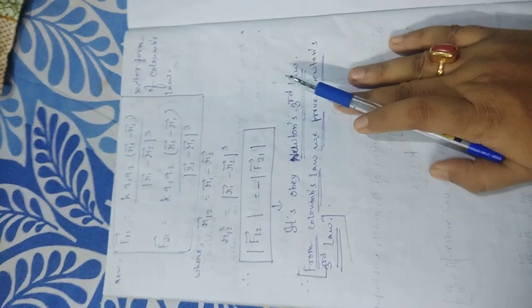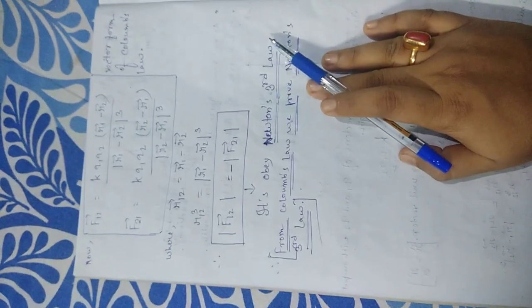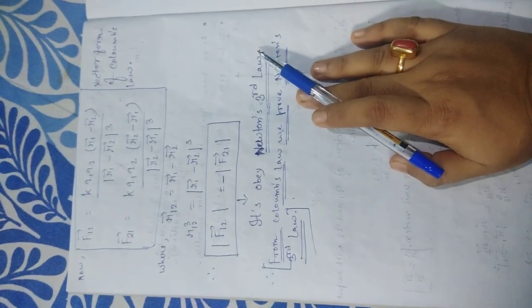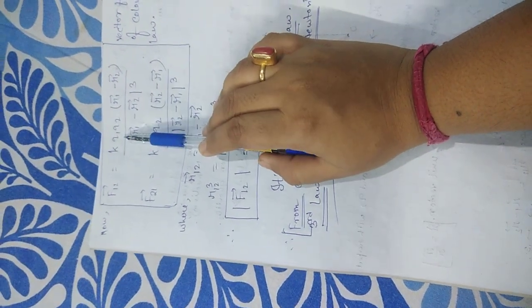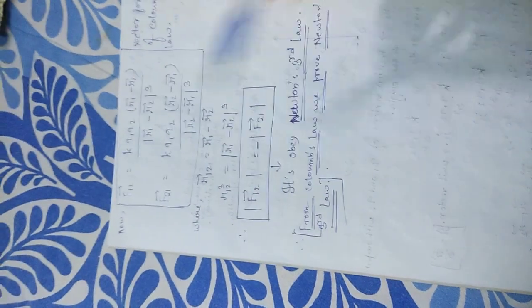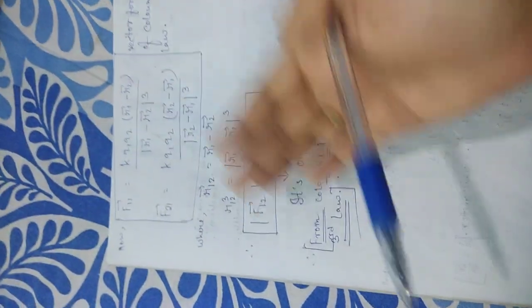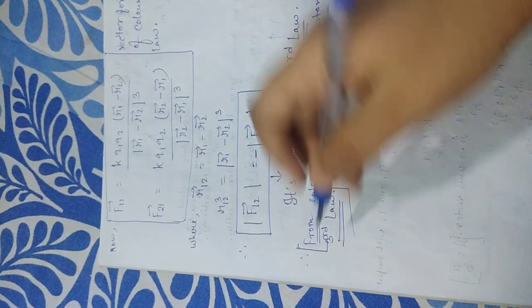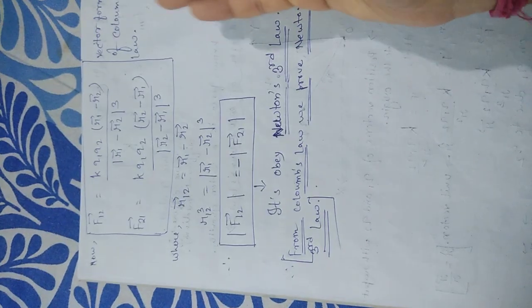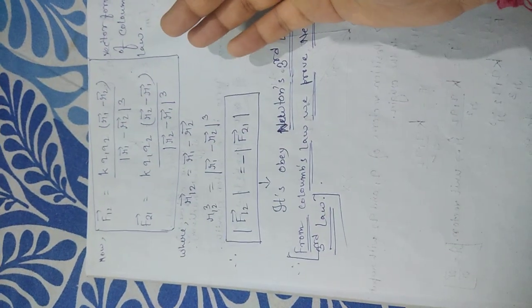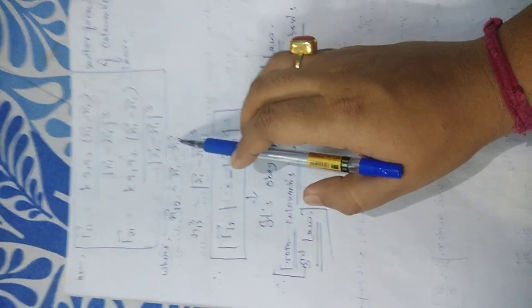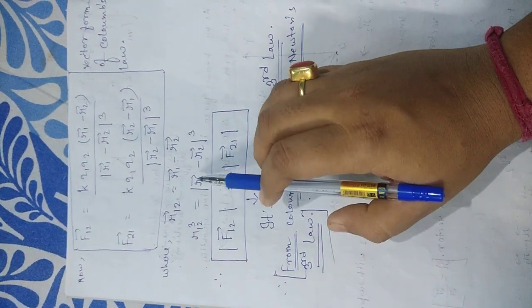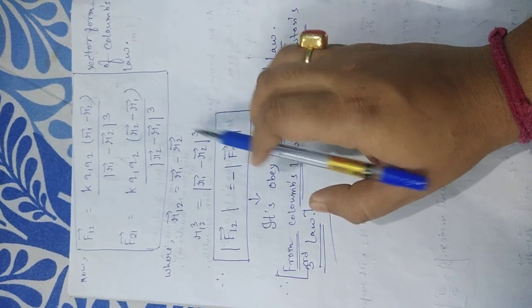So when the question comes, please write down or derive the vector form of Coulomb's law. You have to write both equations, not one, because one force acts upon q1 due to q2, and the other we consider as the force acting upon q2 due to q1. So r12 equals r1 minus r2 and r12 cube equals mod of r1 minus r2 whole cube.